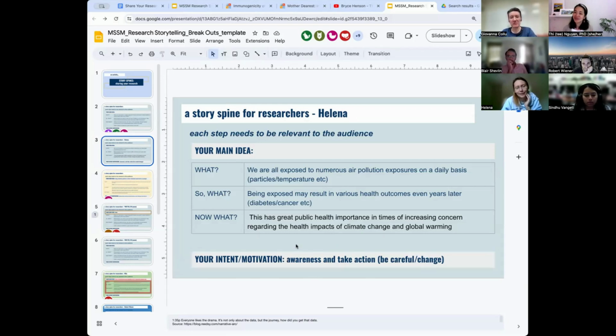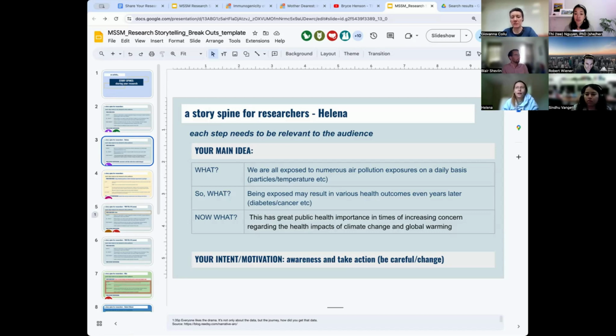Okay, so my research is mostly on everyday exposures that we are all exposed to, stuff like high temperatures, fine particulate matter, and components of fine particulate matter. These are things we are exposed to in a way that we cannot avoid, because this is our day-to-day life. And the so what is that because we cannot prevent ourselves from being exposed to this, it will lead to numerous health outcomes.